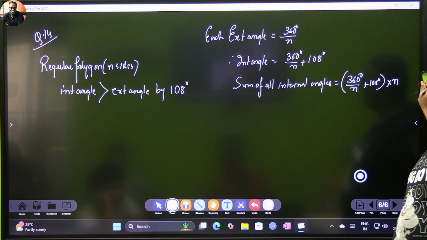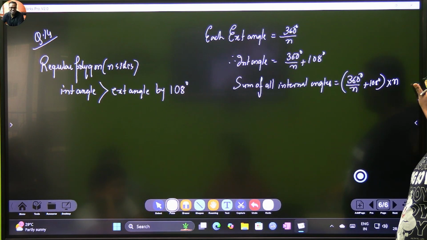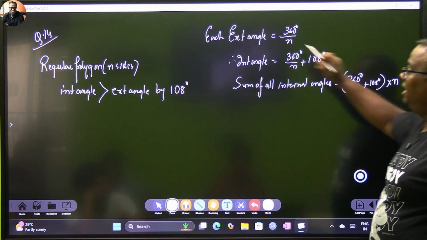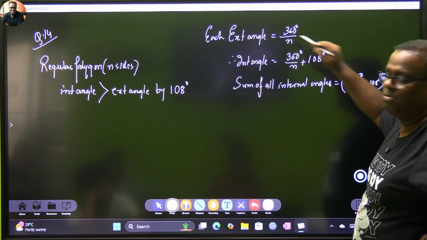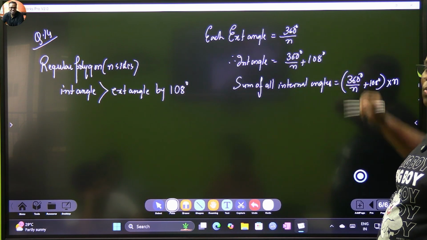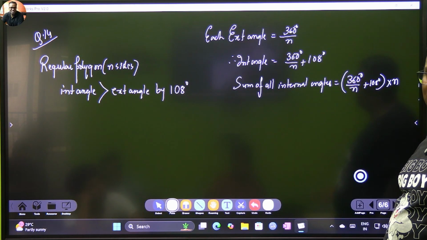Don't you think so? Have you understood this logic? That's why I say, Abhigya, don't write. First understand. Each external angle is 360 by n. Each internal angle is 360 by n plus 108. This is for this particular problem. Are we fine?